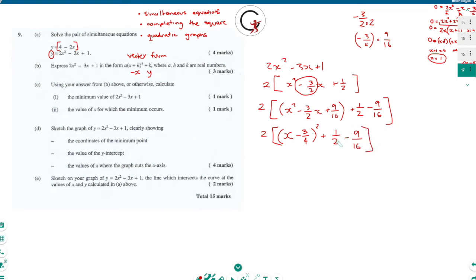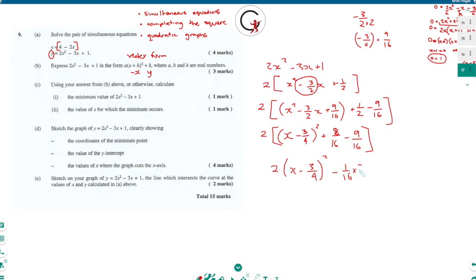To make our lives easier here, I'm going to turn 1/2 into the same denominator as 16 by multiplying all of this by 8. Basically, 2 times 8 is now 16. So let me say 8 over 16, and that shows us that 8 minus 9 is negative 1 over 16. So I'm going to rewrite this as 2 times (x minus 3 over 4) all squared minus 1 over 16. However, this 2 is still being applied to this minus 1 over 16, right?